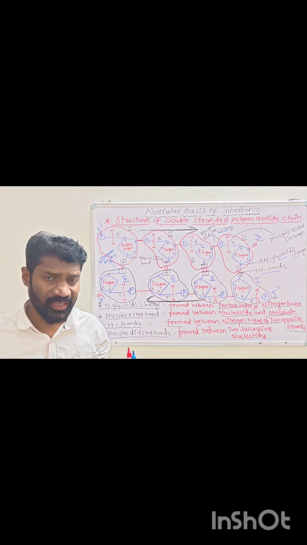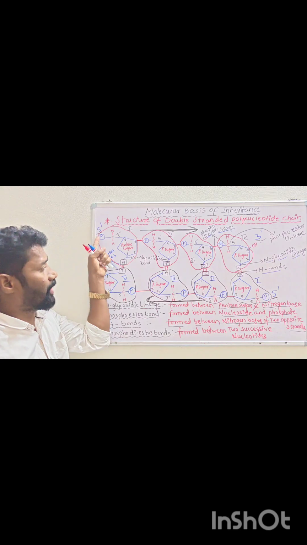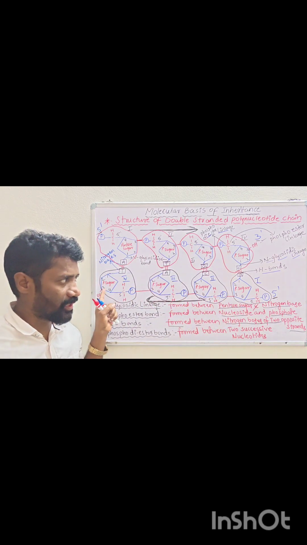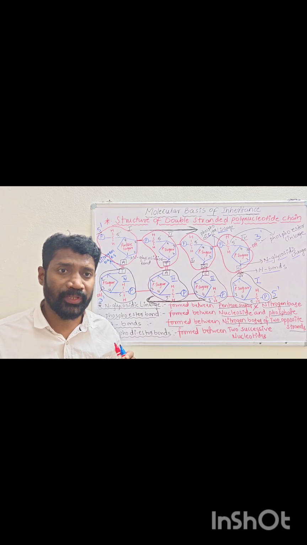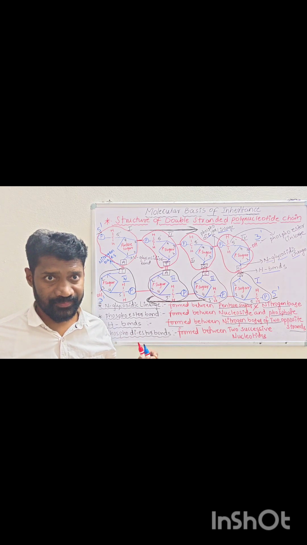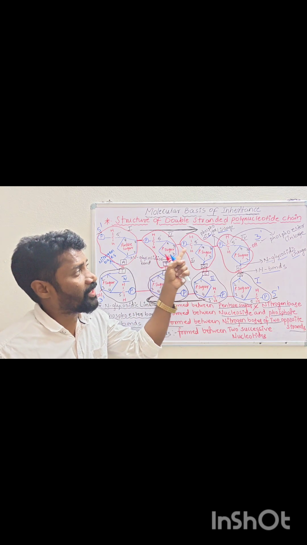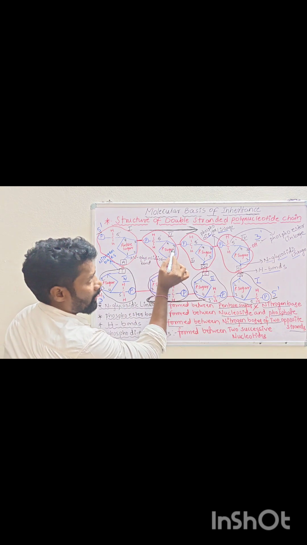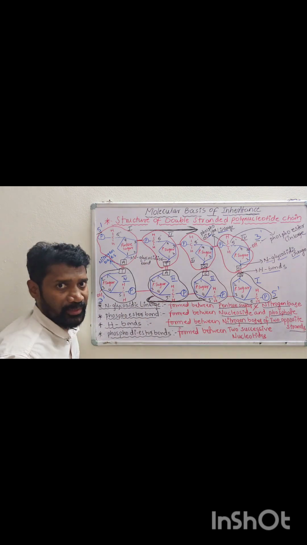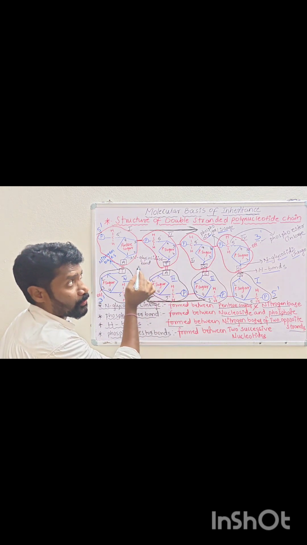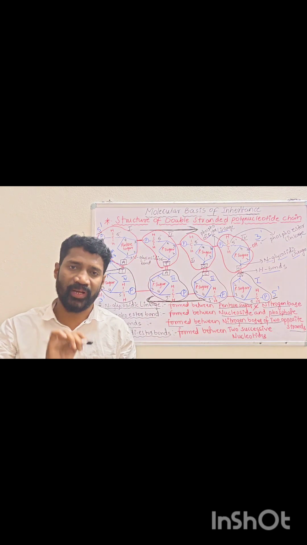Now simply see, every DNA strand's growth direction is always 5 to 3. If anyone asks what is the reason behind that, what is the answer? Due to the formation of 3,5 phosphodiester bonds, the new strand always grows in 5 to 3 direction. That is your answer.